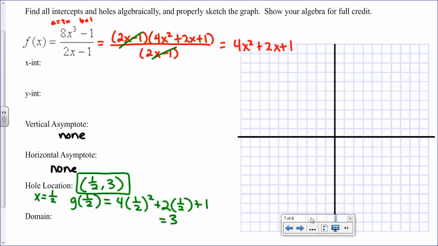Well, the x-intercept, so that's the zeros of the numerator. So you can go back to the original if you want.